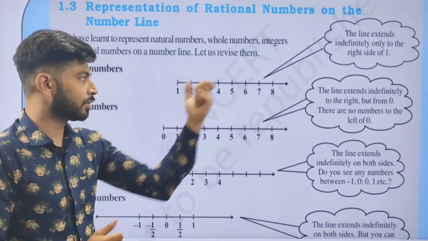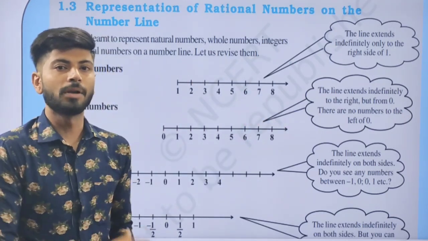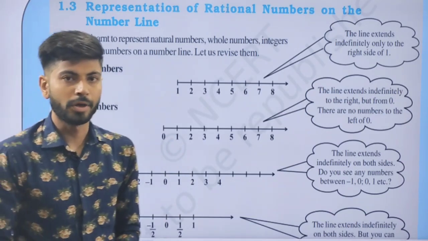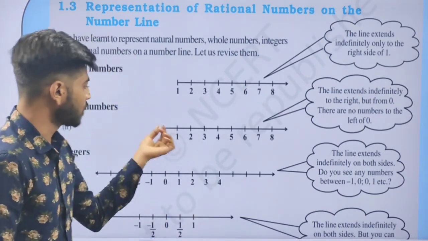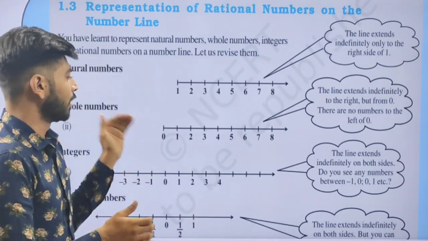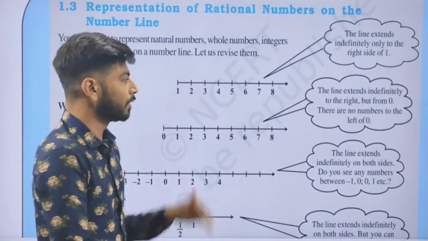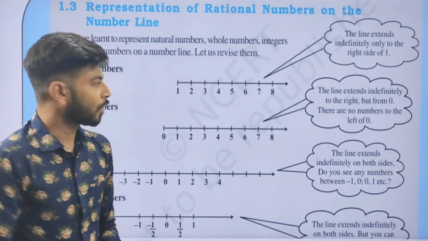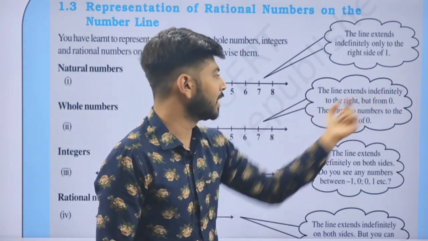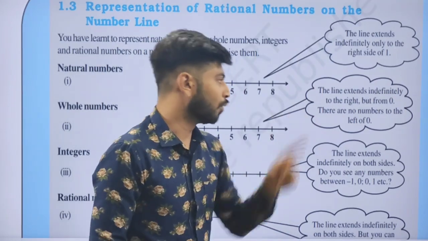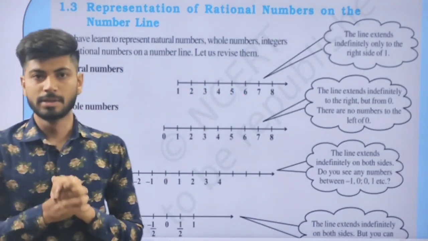In whole numbers, we start the line with 0. What is the change? We start the line from 0 and then we put 1, 2, 3, 4 up to infinity on the right side of 0. So the line extends indefinitely to the right but from 0. There are no numbers to the left of 0.